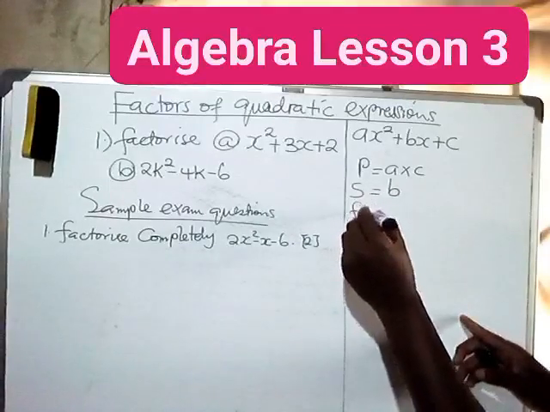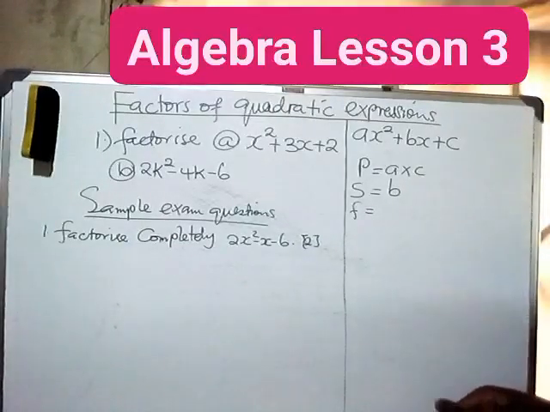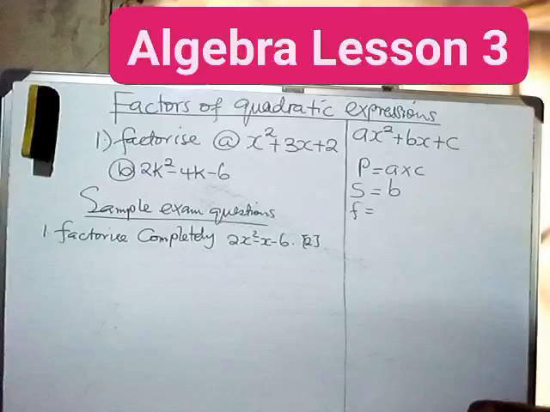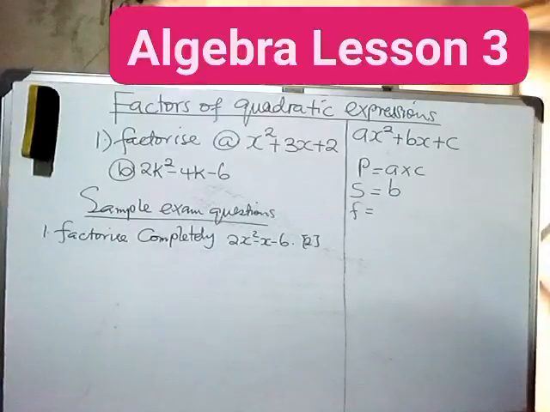Then the factors. You look for the factors. These are two numbers where, when you multiply them, you get the product, and when you add the two numbers, you get the sum, which is the value of b.